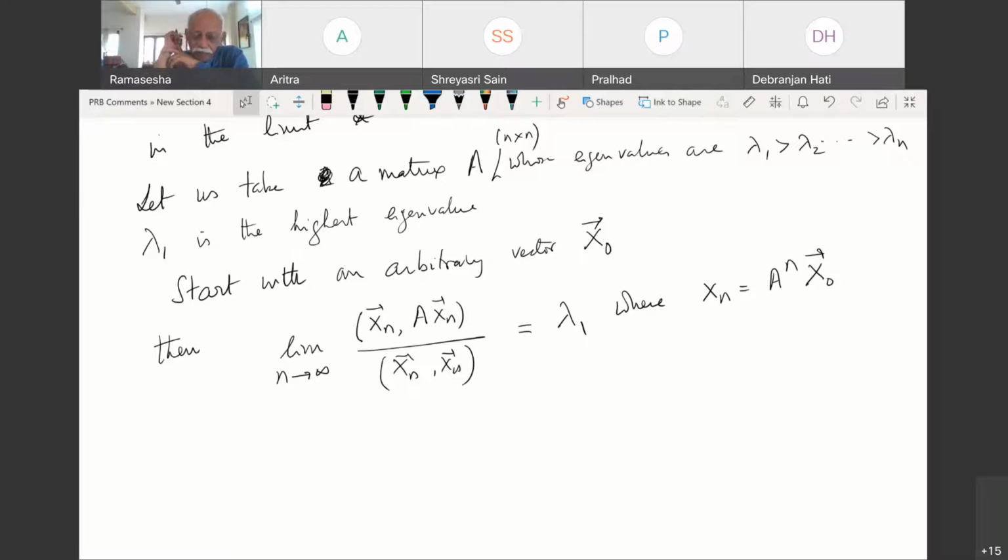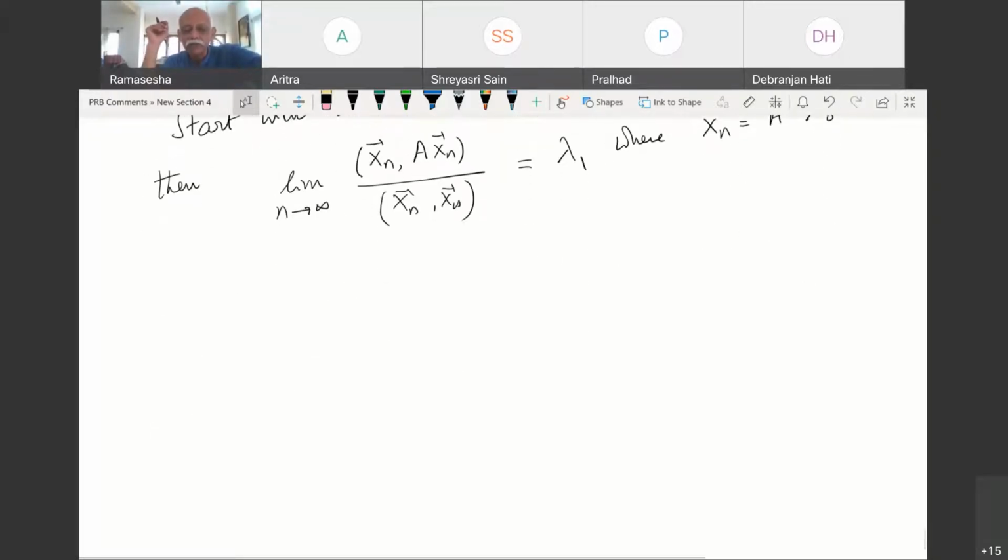So I take any arbitrary vector x_0 and I keep operating on that with the matrix A. After operating n times, I compute the product x_n A x_n divided by x_n x_n, and I assert that this goes to the highest eigenvalue lambda 1. And how can I prove that? I'll prove it in the following way.